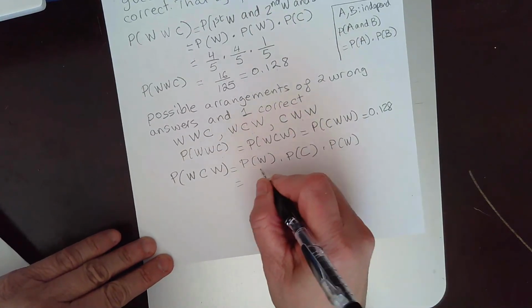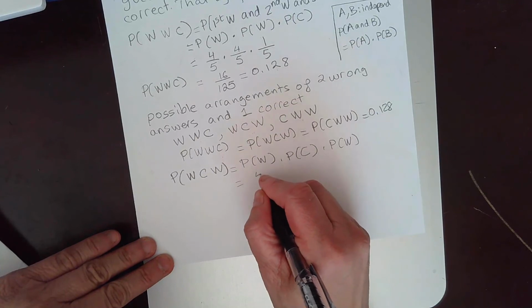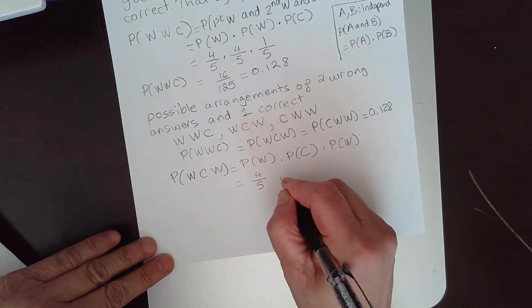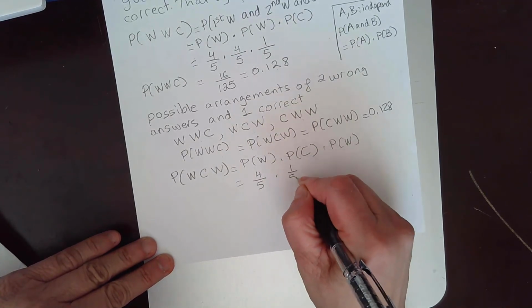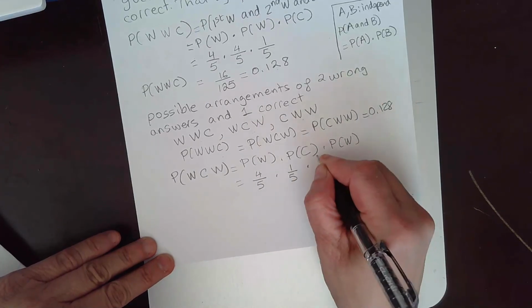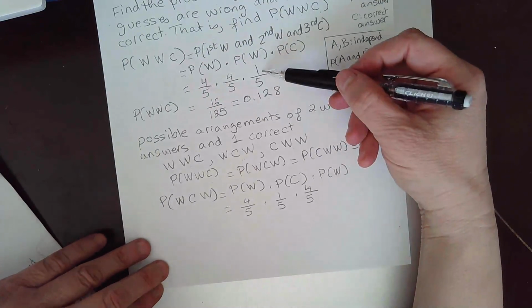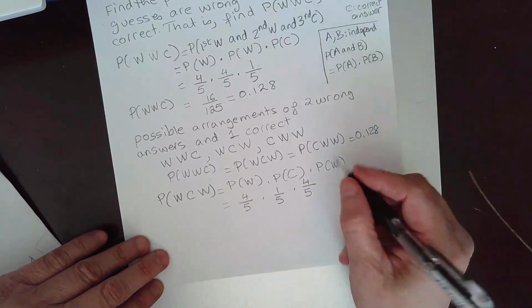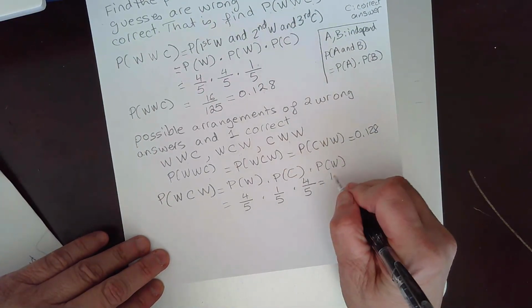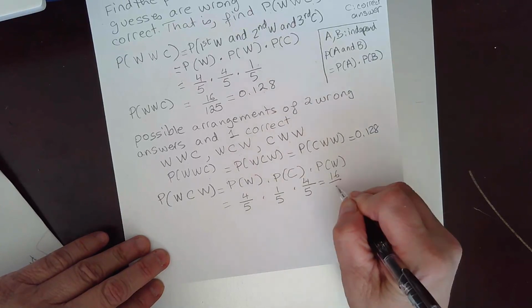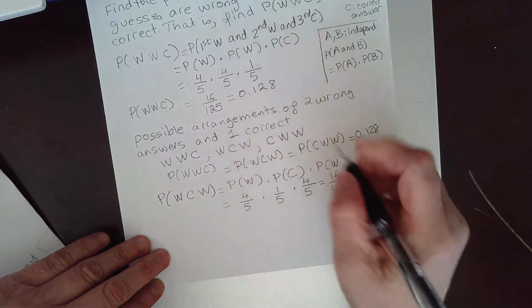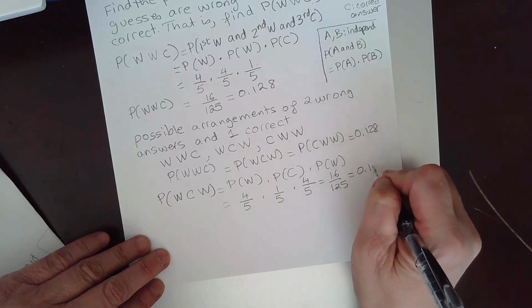Remember, 4 out of 5 are wrong, 1 out of 5 is correct, 4 out of 5 is wrong. If you notice, we're going to get the same answer. 4 times 1 times 4 is 16, 5 times 5 times 5 is 125, which is the same answer, 0.128.